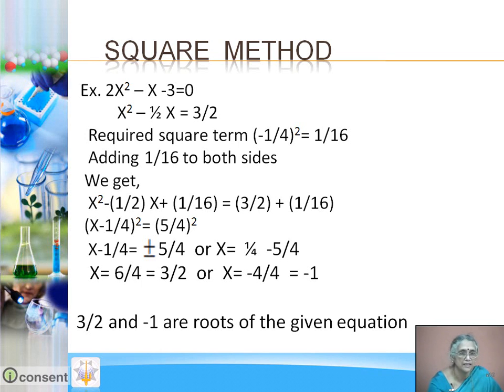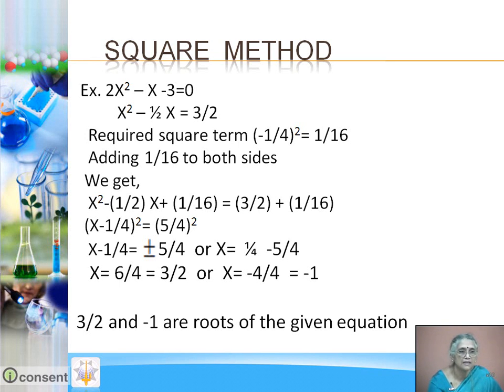So we add 1/16 to both sides and we get x² - (1/2)x + 1/16 = 3/2 + 1/16.